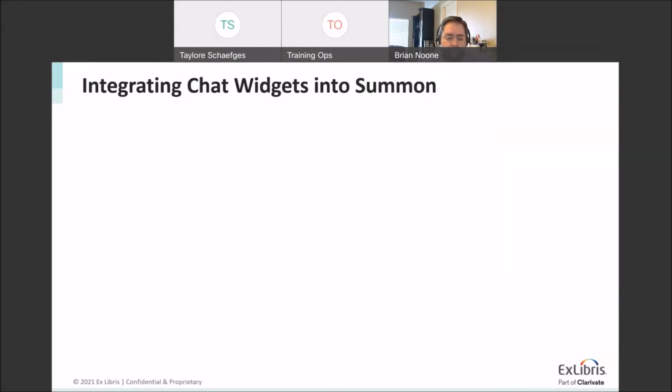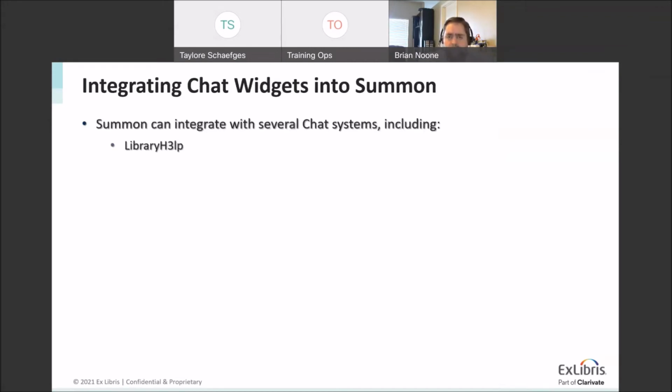Okay, I also want to talk a little bit about chat widgets. This is a feature supporting multiple different chat systems, and I think that's supposed to sound like Library h3lp. Also, SpringShare's LibAnswers, OCLC's QuestionPoint.